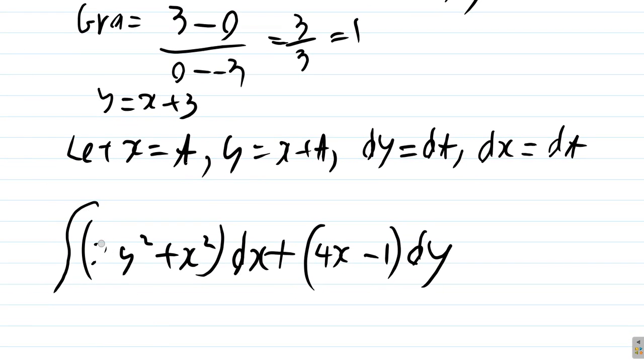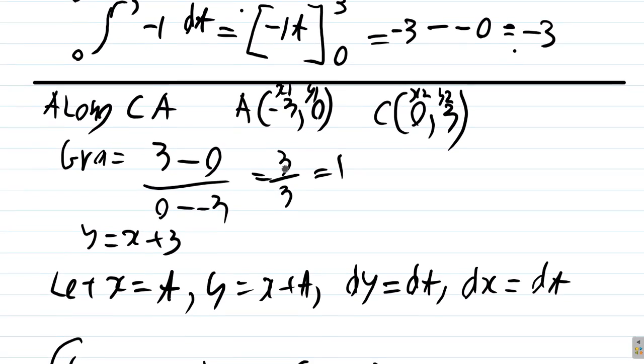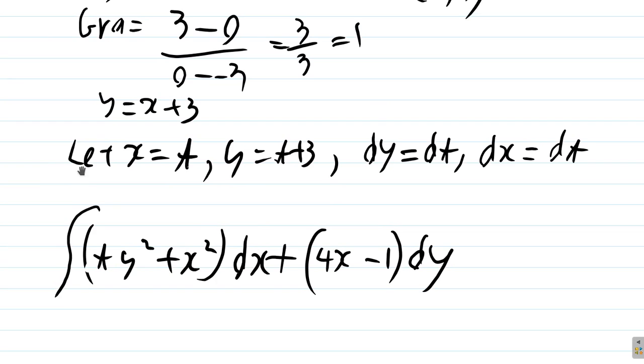Y is x plus... I wrote this the wrong way. I said that y is equal to x plus 3. We know that x is t, so it should be written y is equal to t plus 3, right? So that part is corrected. So y is t plus 3.